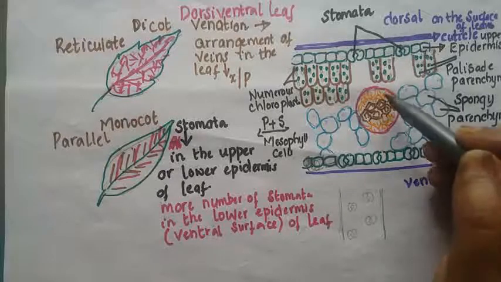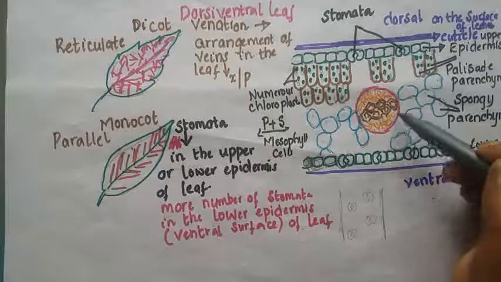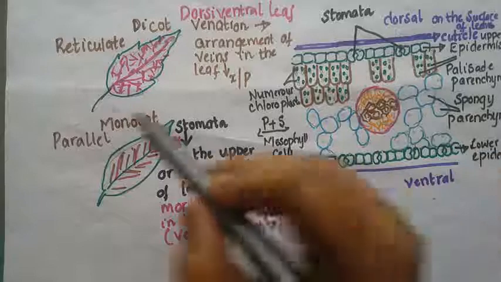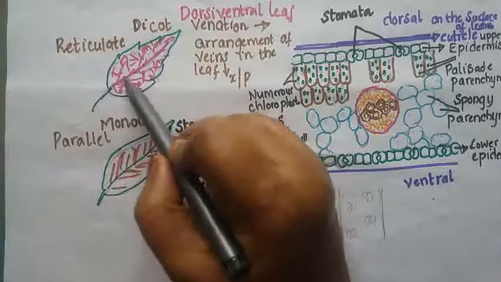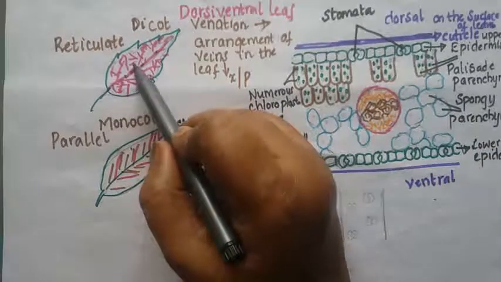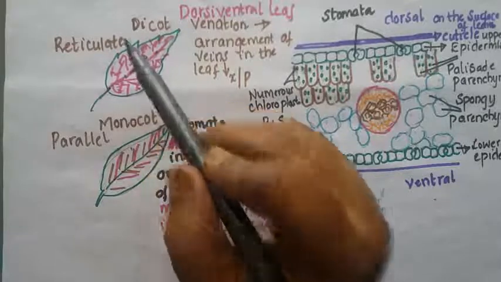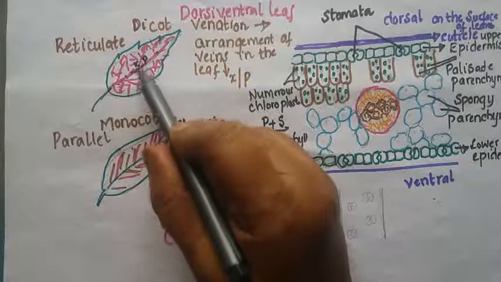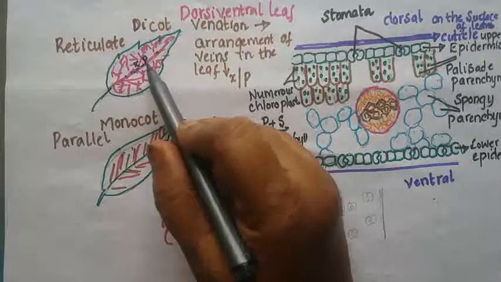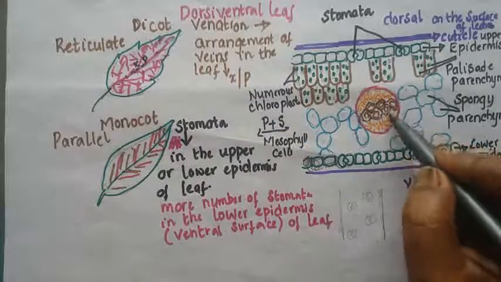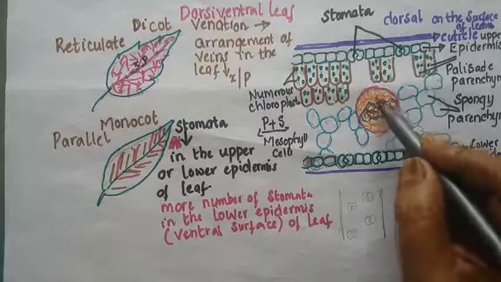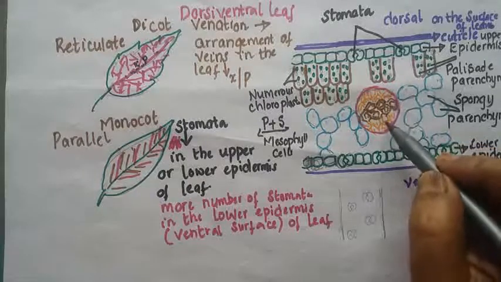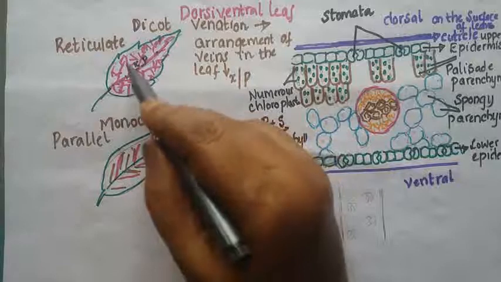Right? So in the center of the leaf, we find the midrib. And in the midrib, we find the xylem followed by phloem. Xylem helps in the conduction of water, and phloem helps in the conduction of food. You can find the xylem tissue in the center of the vascular bundle, or in the midrib, or in all the side veins.